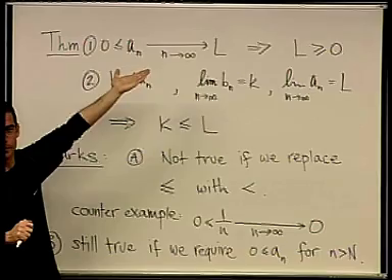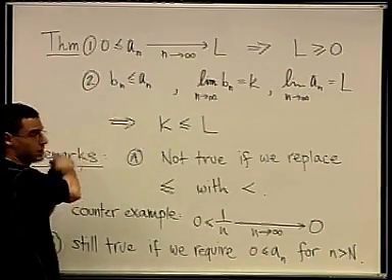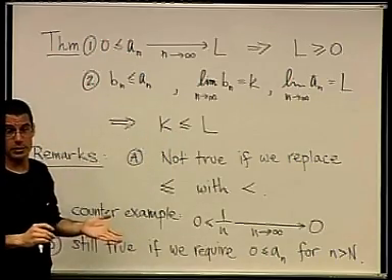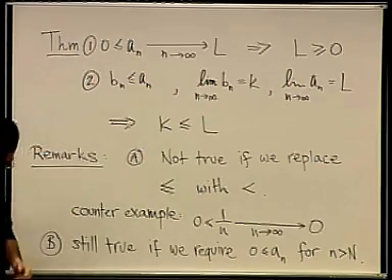Do you agree? If you have 17,000 elements which are negative, and then everybody's positive, the limit is going to be positive or non-negative. Do you agree? So that's the second remark.